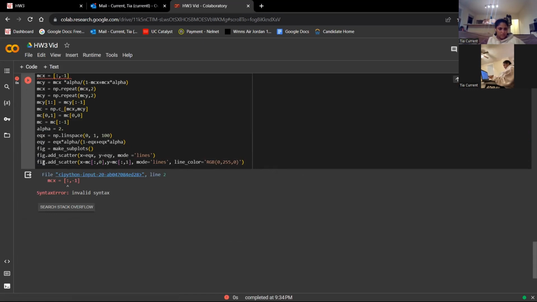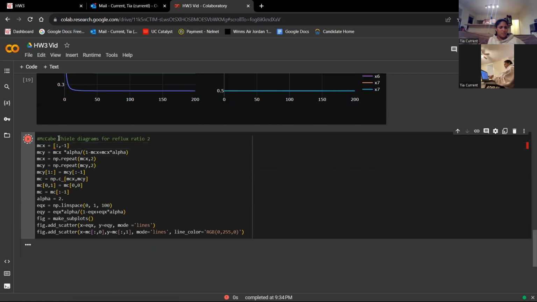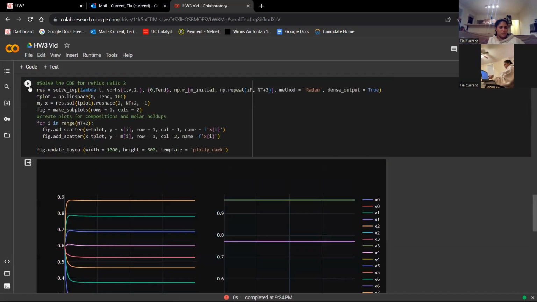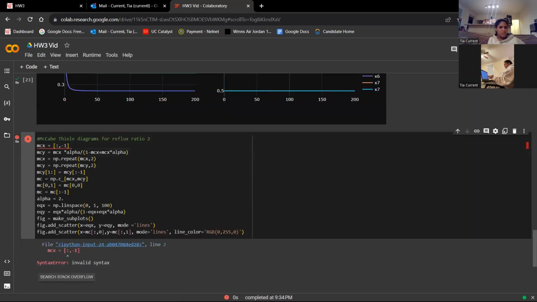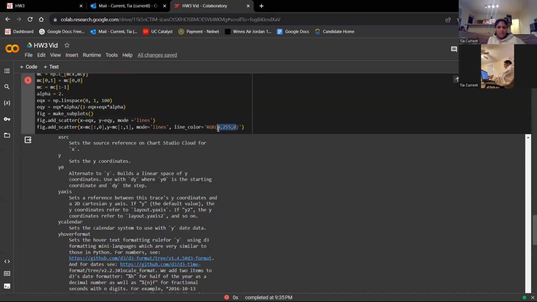But I got an error for my MCX is equal to, oh, my first line. In brackets, colon, comma, to the -1. Close. This should be right. Why is colon, comma, -1 not right, though? That's where it's supposed to start. I forgot to put my variable X on the outside. Oh my God. Okay, well, 5, 0, 0.